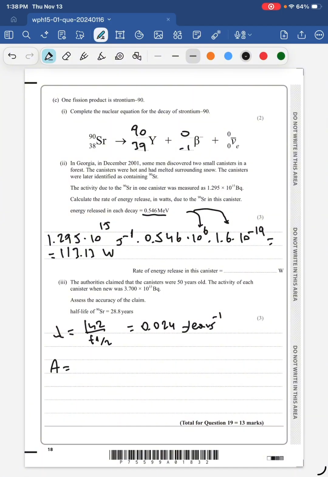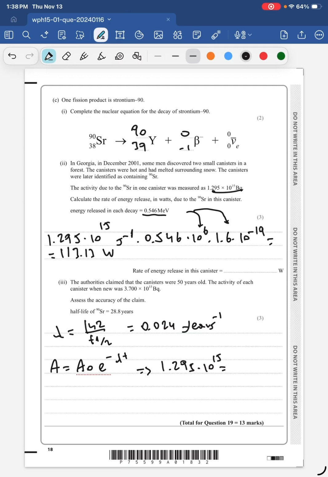The activity behaves the same way as the decay law. So A is A naught e to the minus lambda t. Okay, so the activity now is 1.29 times 29.5 times 10 to the 15 because it's given to us there.